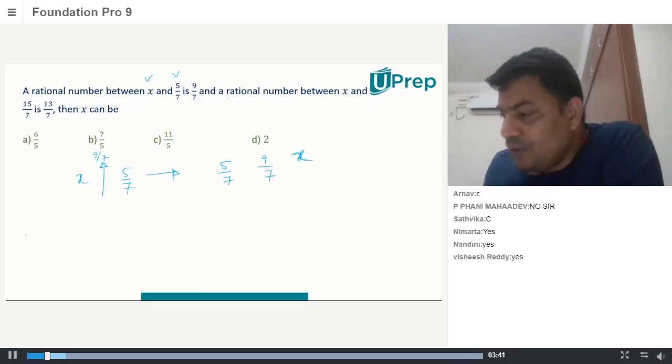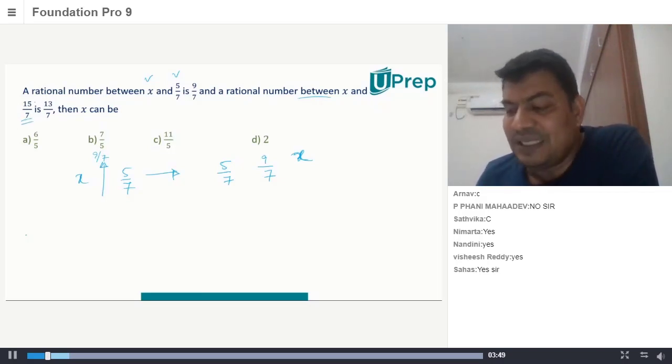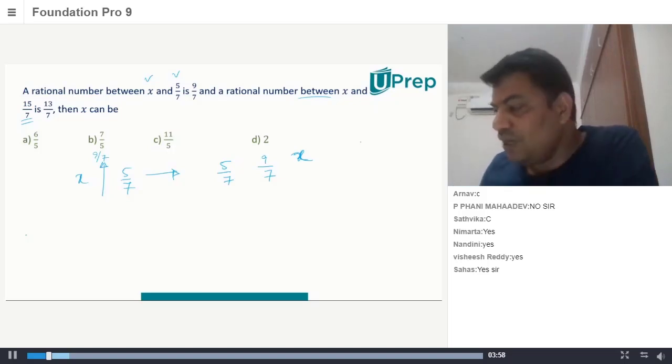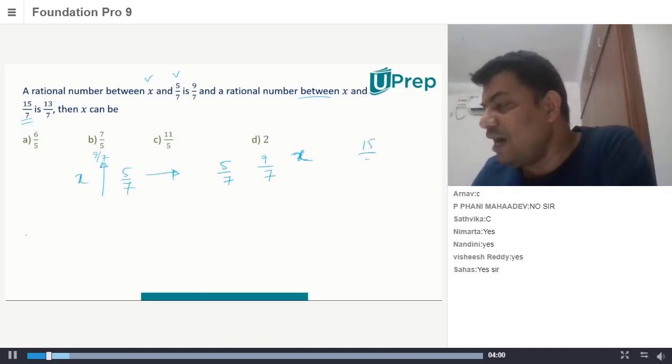Very good. Now, the second statement says a rational number between x and 15 by 7 is 13 by 7. So is 13 by 7 greater or 15 by 7 greater? Sir, 15 by 7. Very good. So that means you clearly know that between x and 15 by 7, there is another number called 13 by 7.